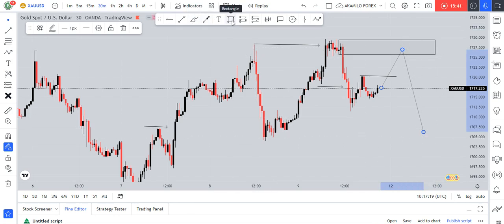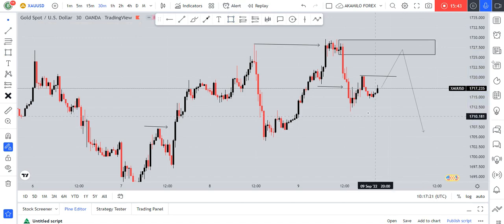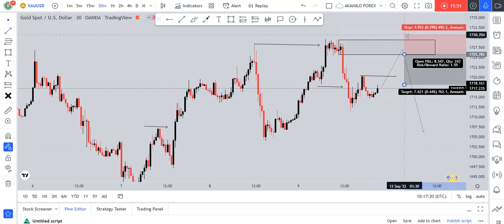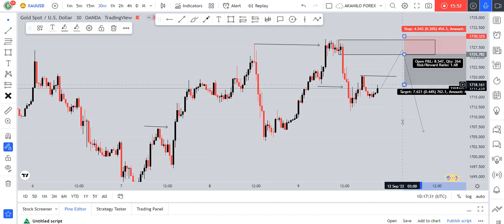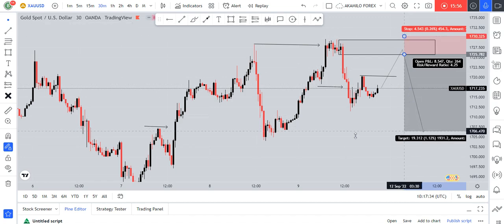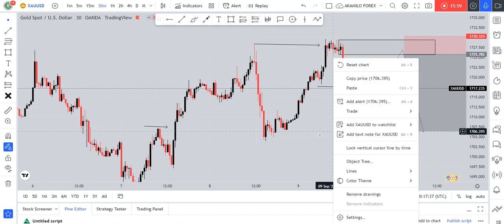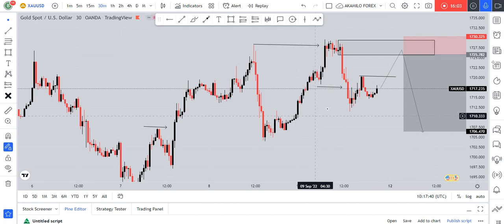Here will be our target. So we'll take our target to the downside. So there is gold. This is how we are expecting gold to move.